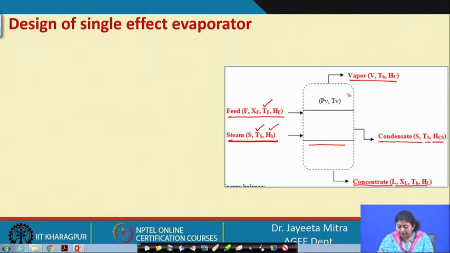Now, this single effect will operate at a constant pressure Pv, and based on this constant pressure Pv, the saturation temperature or boiling point we can see from the steam table, which is actually the property table for saturated water vapor. We can see this value of temperature Tv corresponding to pressure Pv.